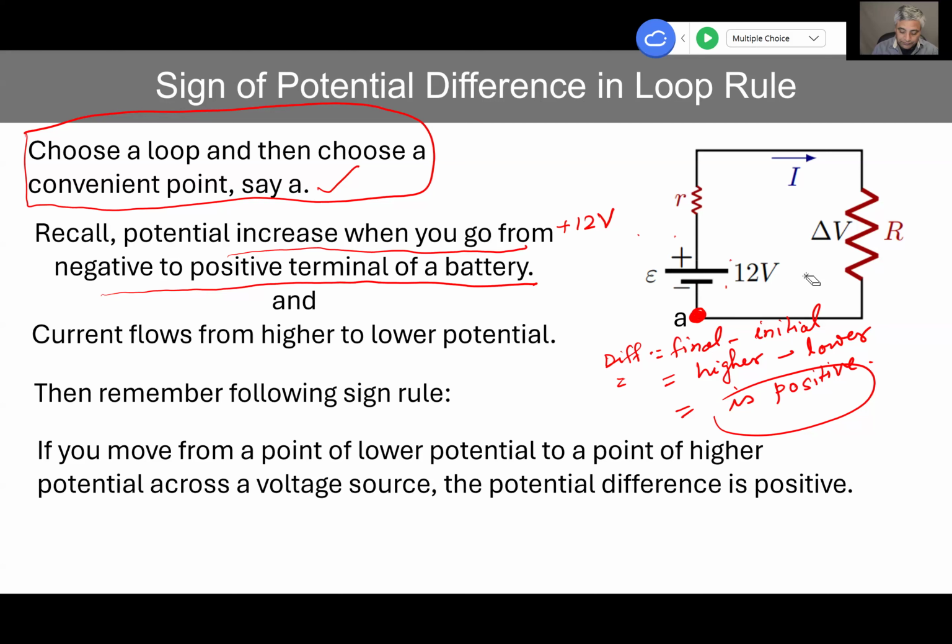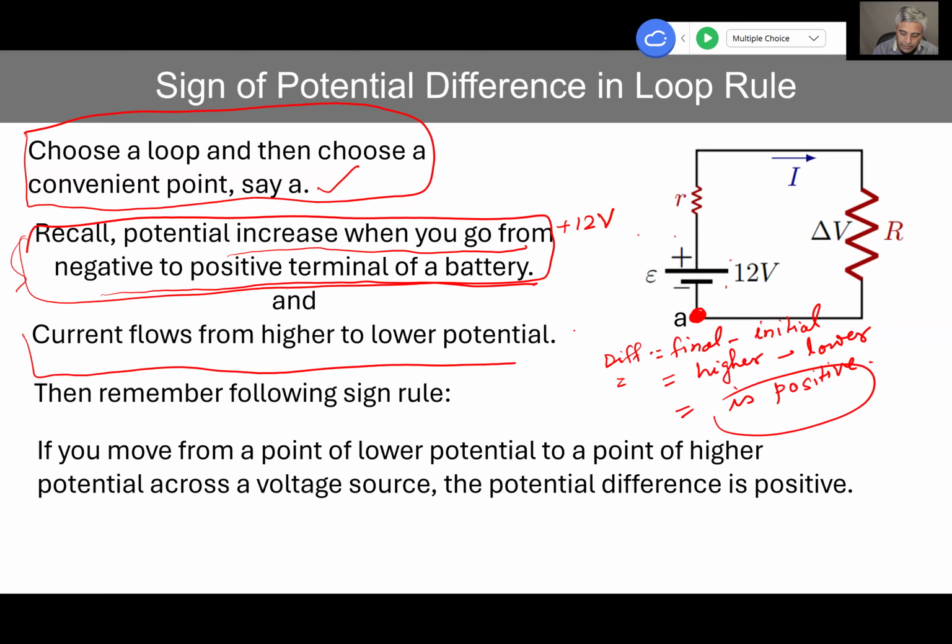Now, another thing you want to keep in mind: current flows from higher to lower potential. Just like water falls from a higher height to a lower height, current flows in the direction of higher to lower potential.